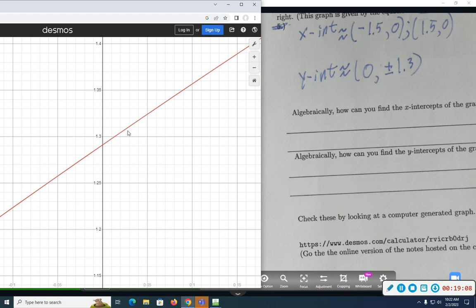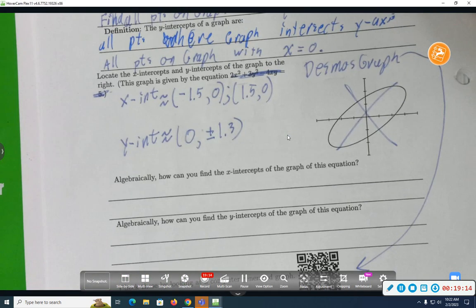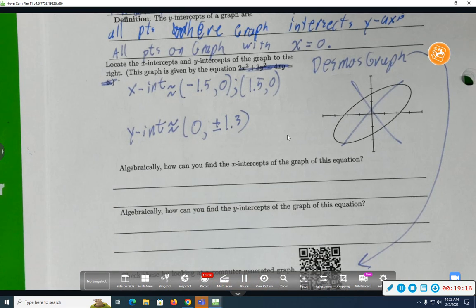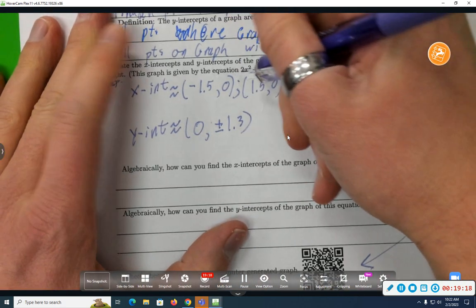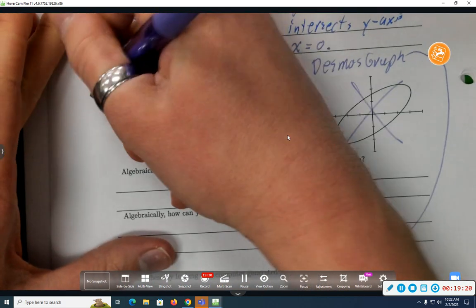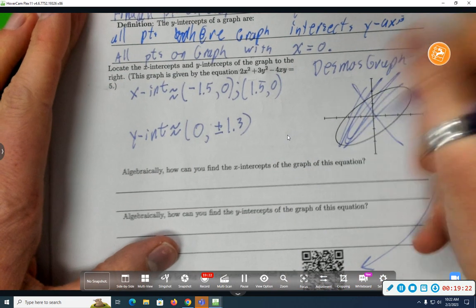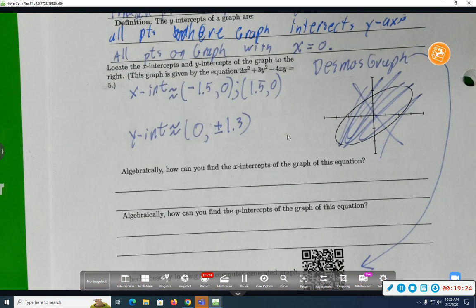Let's find the x and y intercepts by doing the algebra. So, algebraically, let's try to find the x-intercepts of, why did I cross this off? That was the wrong thing to cross off there. Let's try to find the x-intercepts of the graph of this equation.